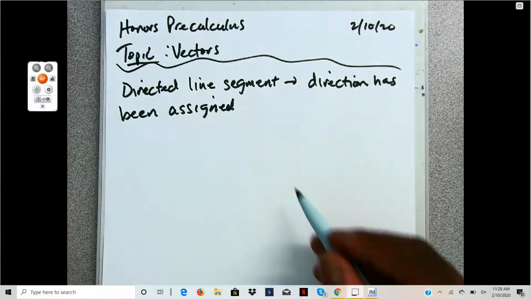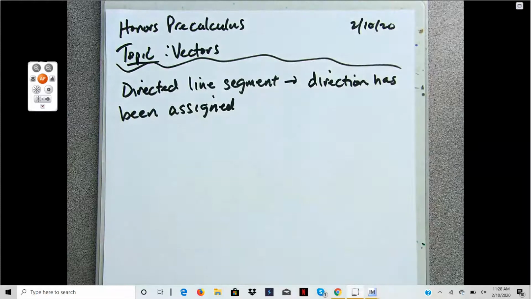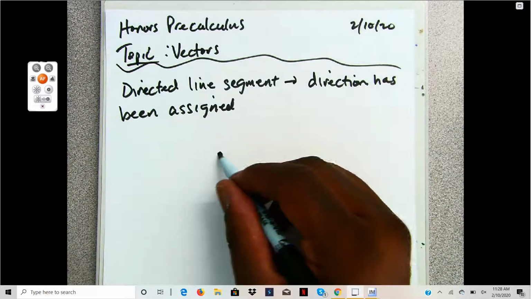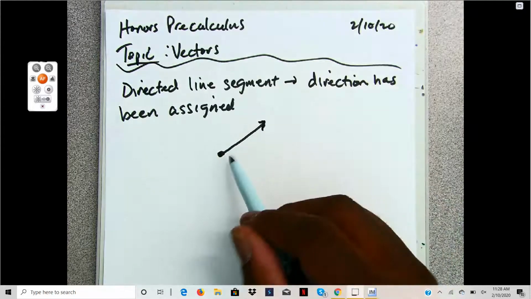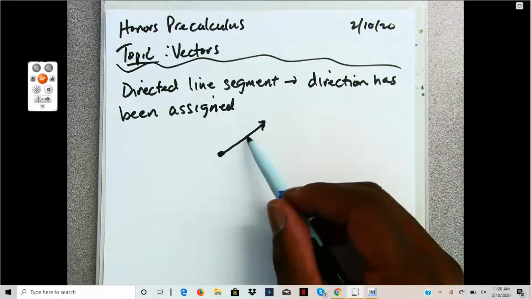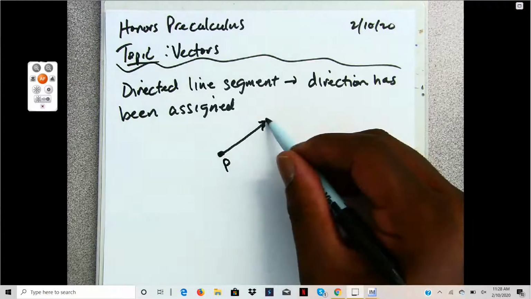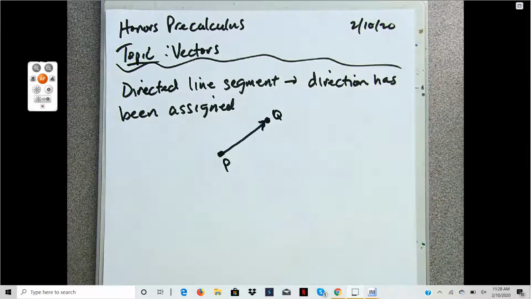Give you an example. Let's say we have some line segment PQ. The arrow here points to the direction of this line segment.